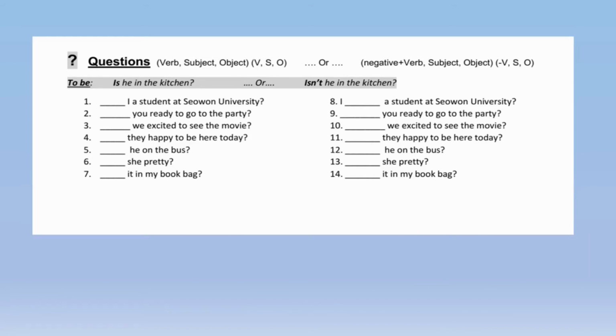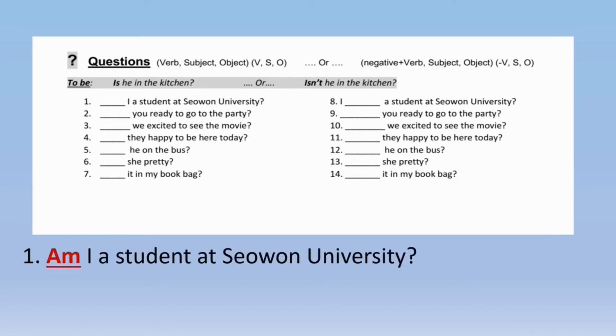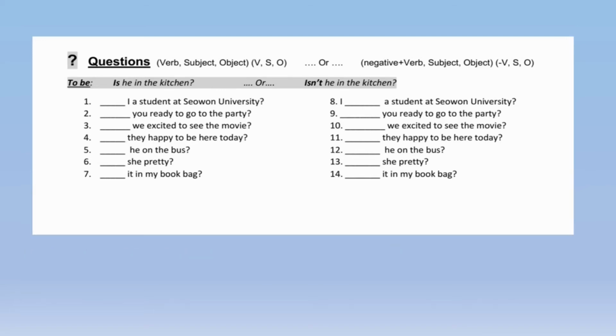Let's try working one together. Let's look at the first one. Number 1. Momo, I, a student at Soan University. Am I a student at Soan University? Number 2.